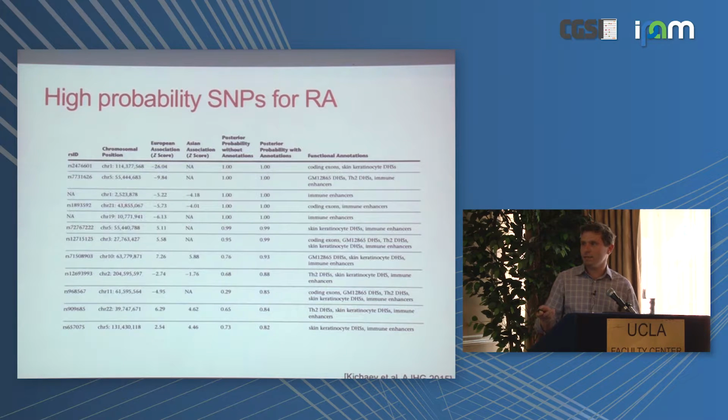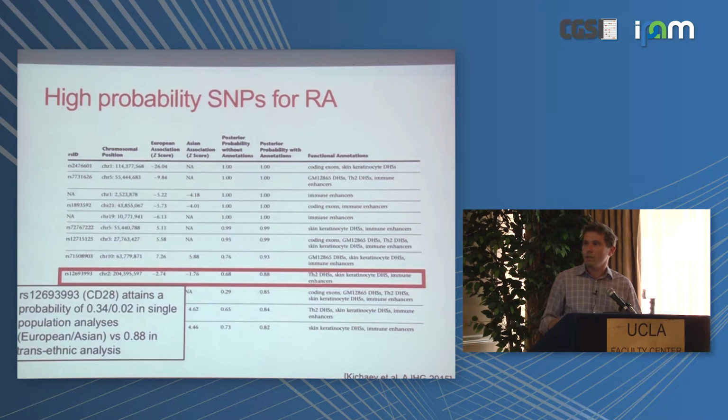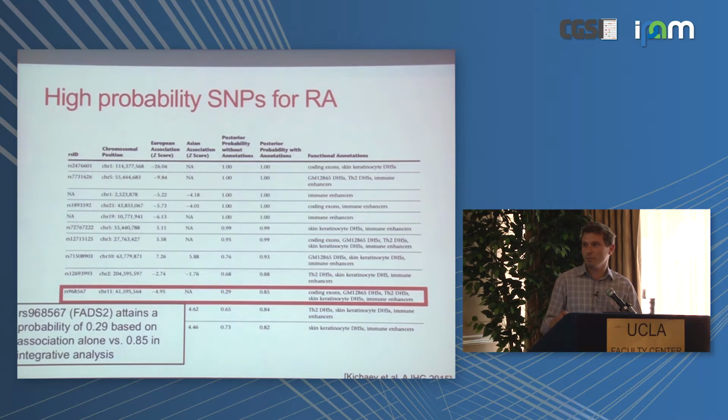So let me highlight some of these variants. For example, you might find variants that in single population analyses don't really have a good posterior probability to be causal, so you won't really pick them up. But when you look in transethnic analysis, the posterior probability jumps really, really high. So they're consistent across multiple ethnic groups. That's one thing that you might find.